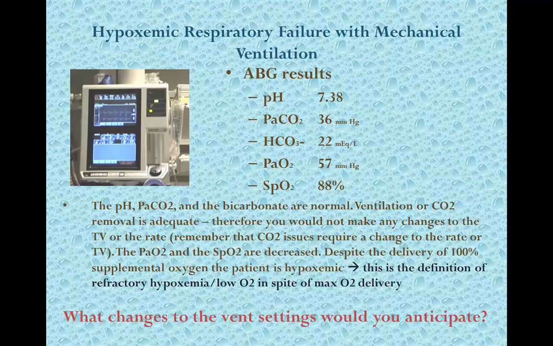In other words, despite the fact that we have provided this patient with the highest percent of supplemental oxygen, there is still poor oxygenation in the body. So where can we go with this? If you've got the FiO2 at 100%, but the patient's not oxygenated, what changes can we make to the ventilator settings?